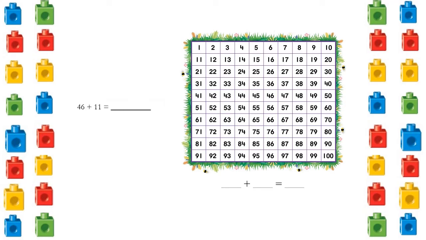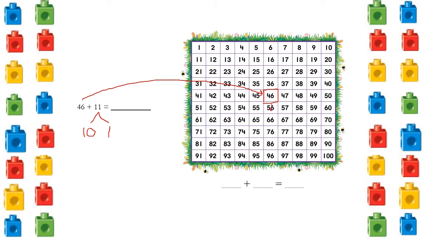Here we have 46 plus 11. Okay, well, we're going to go and find 46. I'm going to put a red box around it. Now let's look at that 11. Let's break it up. We'll make a 10 and talk about what's left over. We have a 10 and a 1 because 10 plus 1 equals 11. So we're going to go back to this 46 and we're going to add 10.